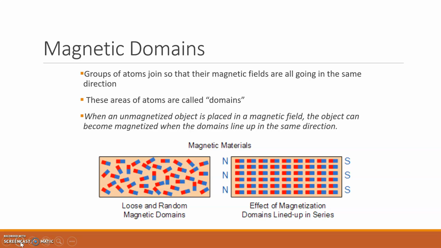If you look at the image on the left-hand side, the domains are all loose, they're not in order, they have no direction, and that object would not be considered magnetic because the domains are not lined up. But when an object is magnetic, all the domains line up, they're in order, all the north point north, all the south point south, and so it causes that magnetic field to occur, and it is a magnetic object at that point.